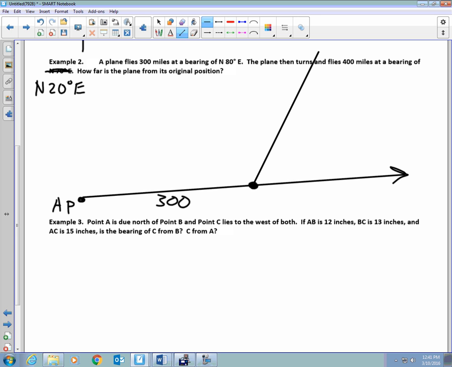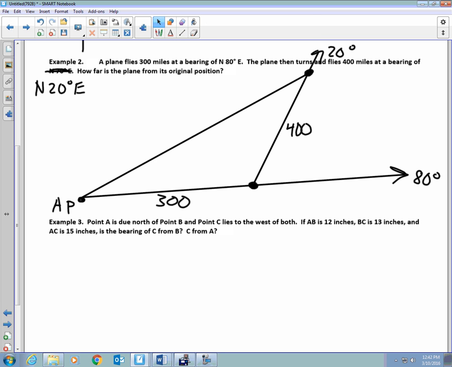Okay. And how far has it flown in that direction? 400 miles. The question is, how far is it from its original position?